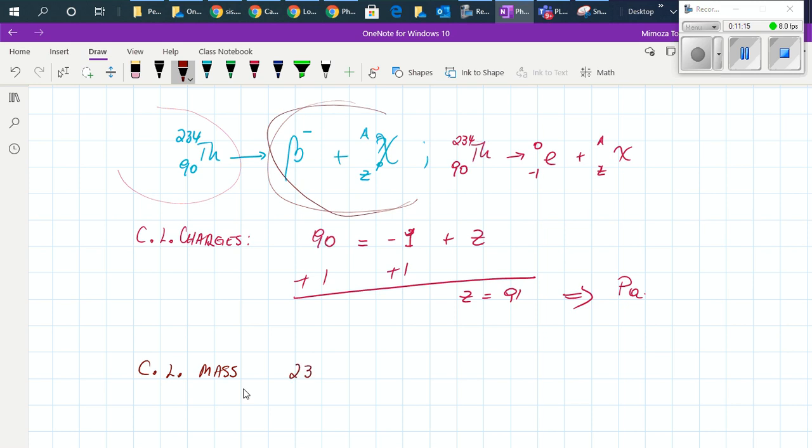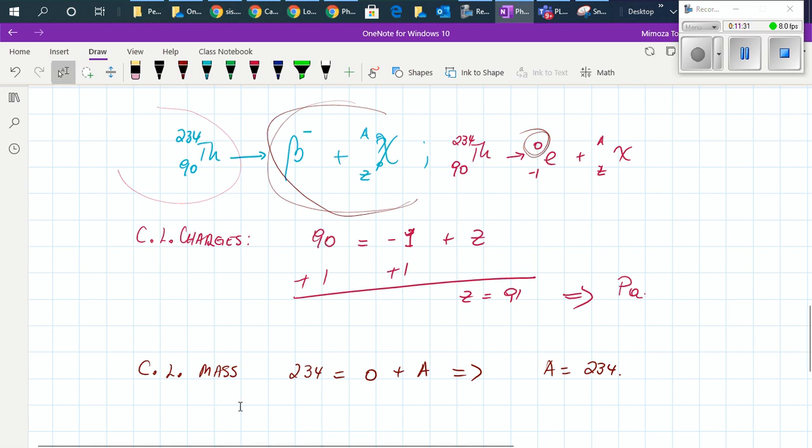So 234 is equal to 0, which is the atomic mass of the electron, plus A. From here we can find that A is 234.